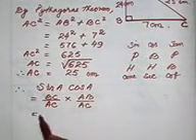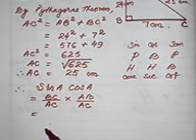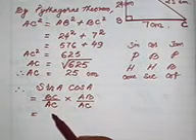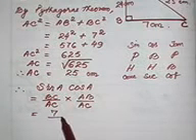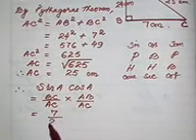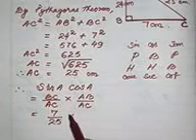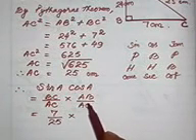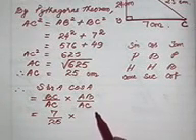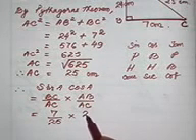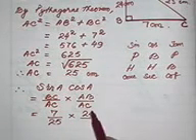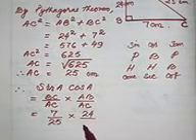Now just substitute the values here. What is BC? BC is 7 centimeter. AC is 25, into AB, that is the base, 24, and AC is 25.